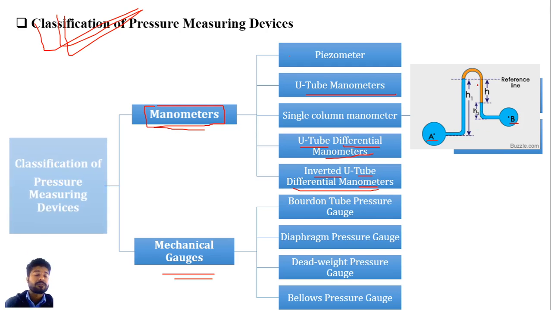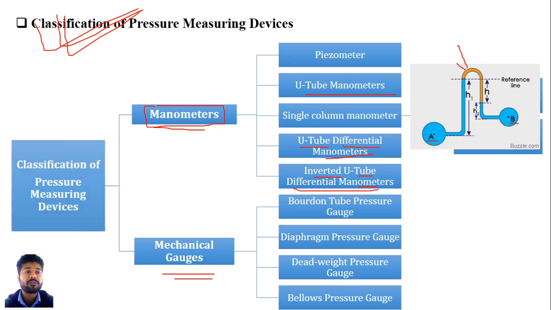If you are going to find a minimum pressure difference where there is a lower density of fluid, or on the vacuum side, at that time we need to use this inverted U-tube manometer.